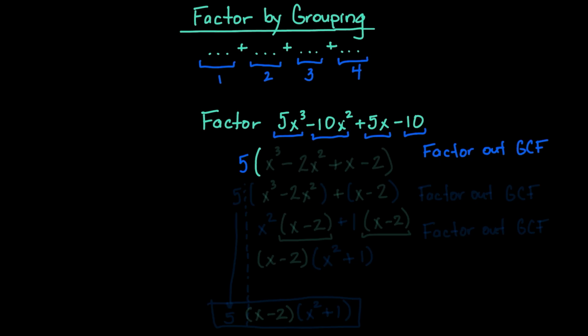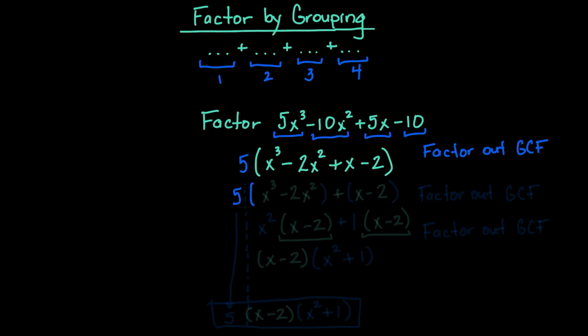So 5 divided by 5 is 1, so that's going to leave me with x to the third. 10 divided by 5 is 2, so that's 2x squared. 5 divided by 5 is 1, so that's plus 1x. And 10 divided by 5 is 2. Okay, I factored out my GCF, and now I have a 4-term expression that I'm going to attempt to factor by grouping.